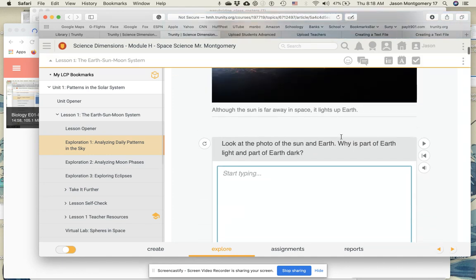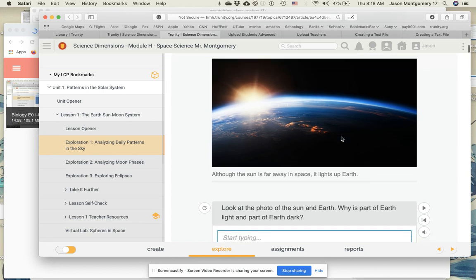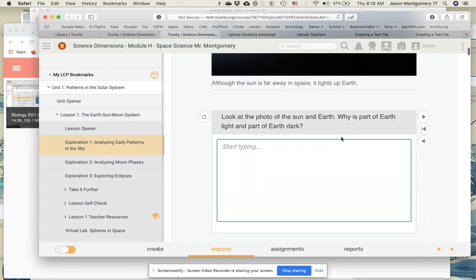So when you look at a photo of the sun and the earth, which part of earth is light and which part of earth is dark? All right. So obviously the side that's facing the sun is in light, and the side that's not facing the sun is in the dark.